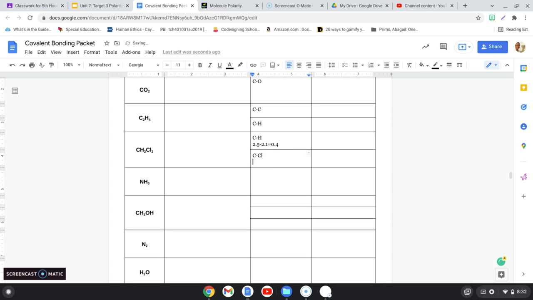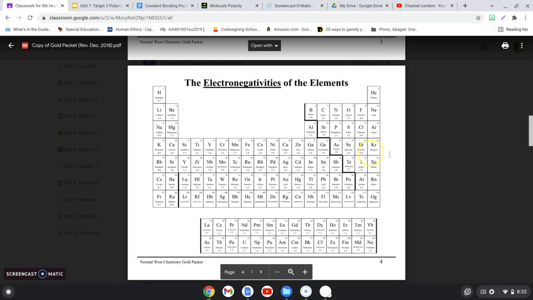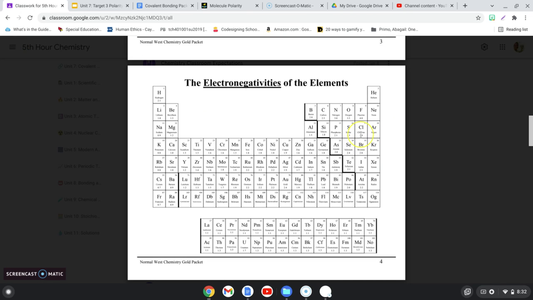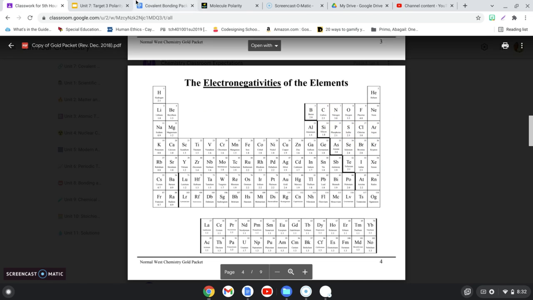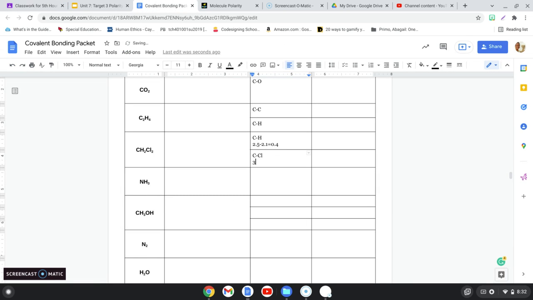Okay. And then if I take whatever chlorine is, so chlorine's electronegativity is 3.0, carbon's is 2.5. So remember, it's the higher number minus the lower number equals 0.5. So this one's kind of confusing, right?